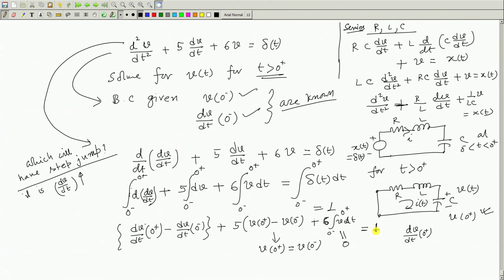This side is 1. So dV/dt at 0 plus will be equal to 1 plus dV/dt at 0 minus.